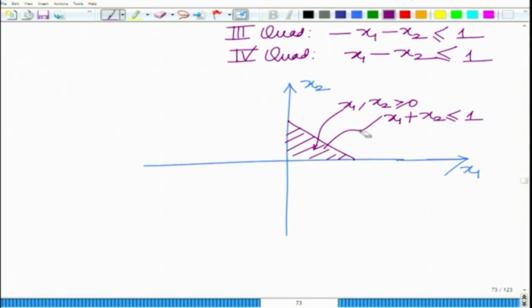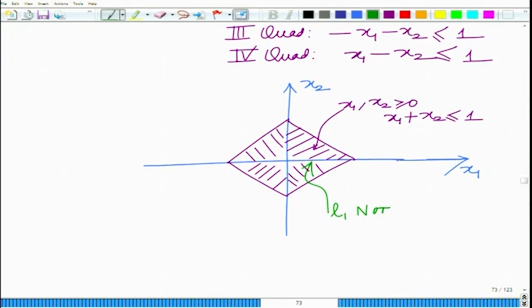And similarly, this will be the corresponding region in the second quadrant, third quadrant, fourth quadrant, and therefore this is the region corresponding to the L1 norm ball. It is very interesting.